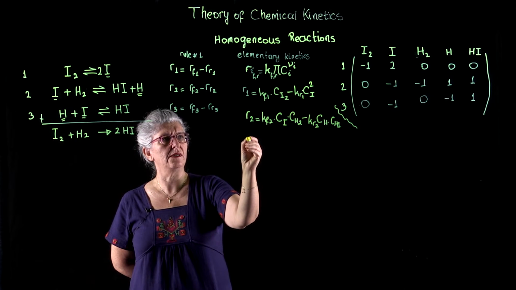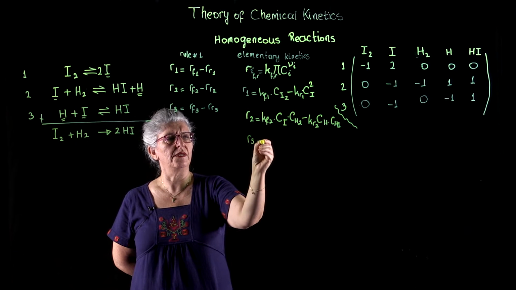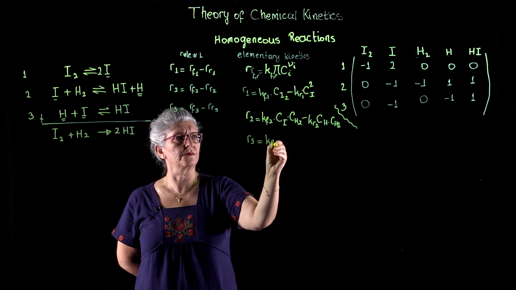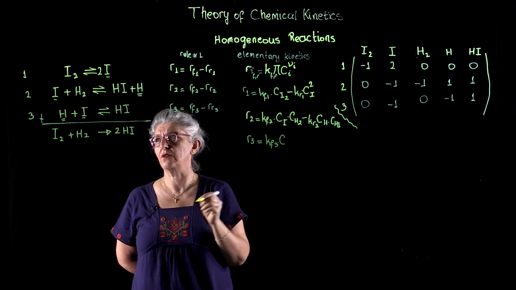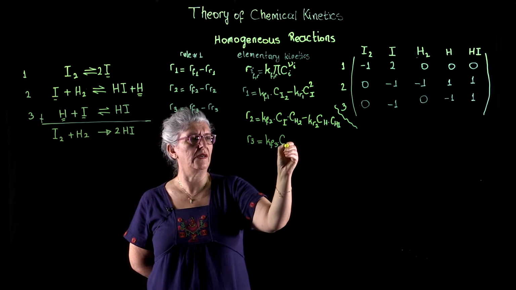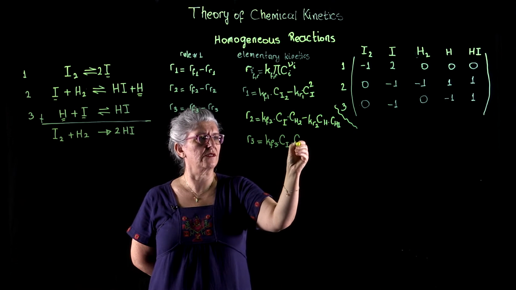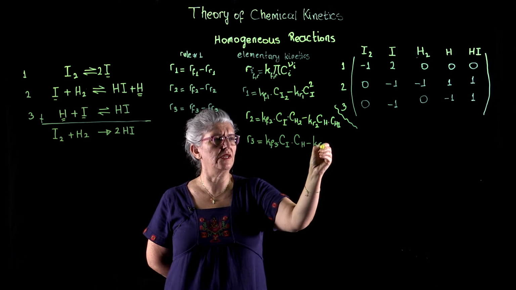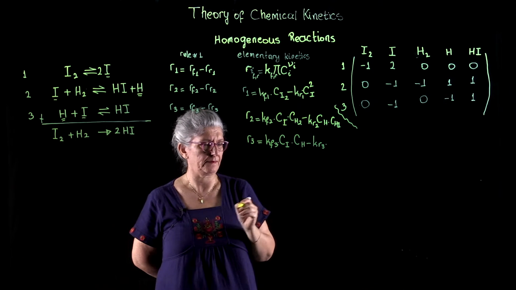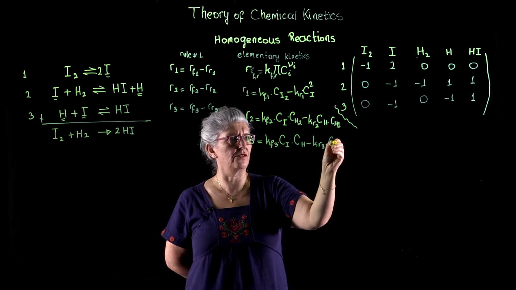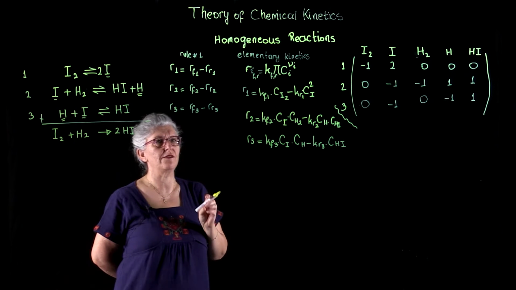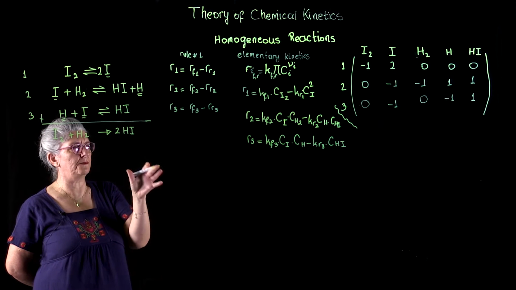And rate 3 is K forward 3 times concentration of I times concentration of H, minus K reverse 3 times concentration of HI.